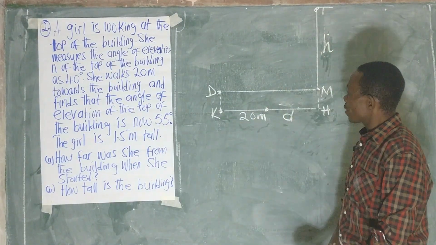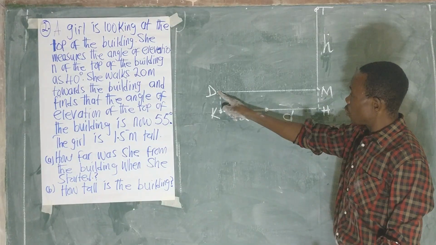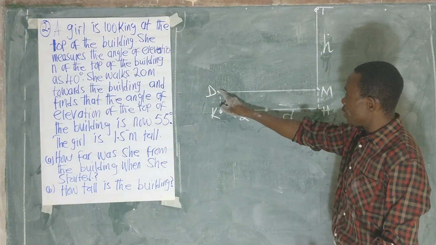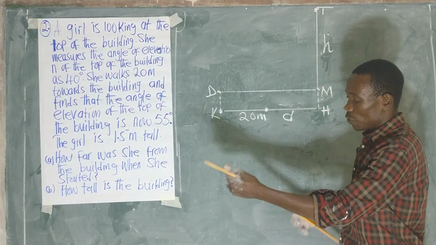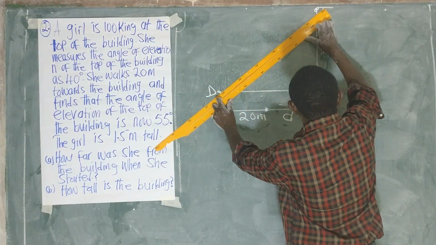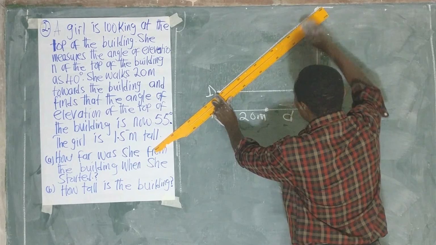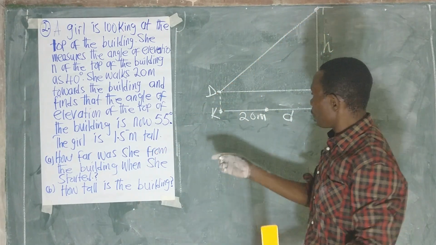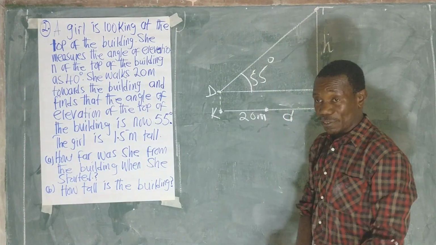Now, the angle of elevation we expect to be produced from this D here, because this is the position of our eyes, going upward there. So the line of sight should be represented as such, like that. So the angle of elevation is this one here, 55 degrees.